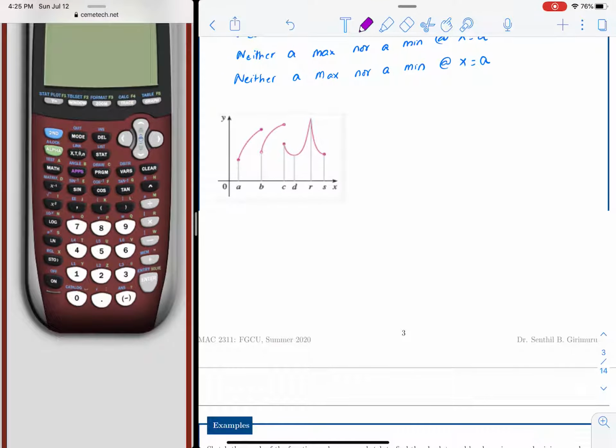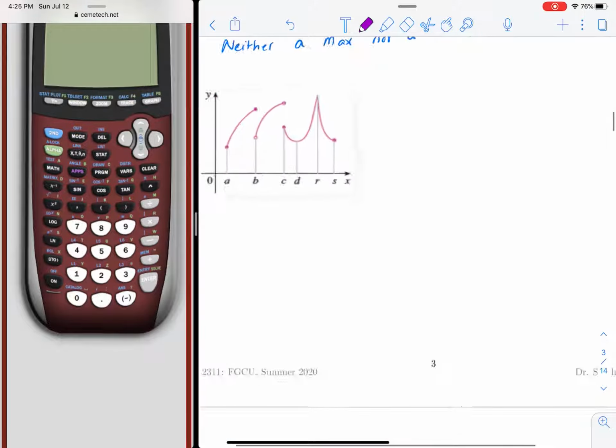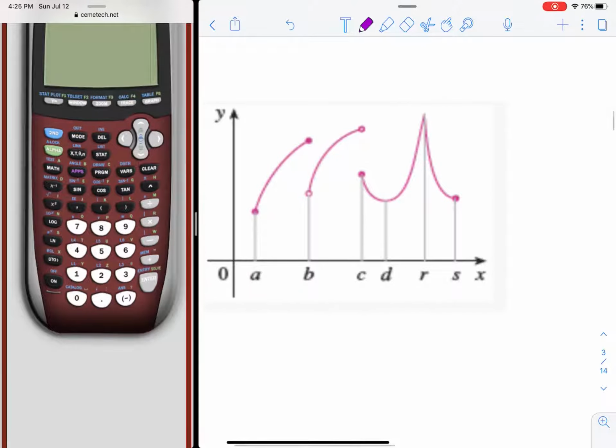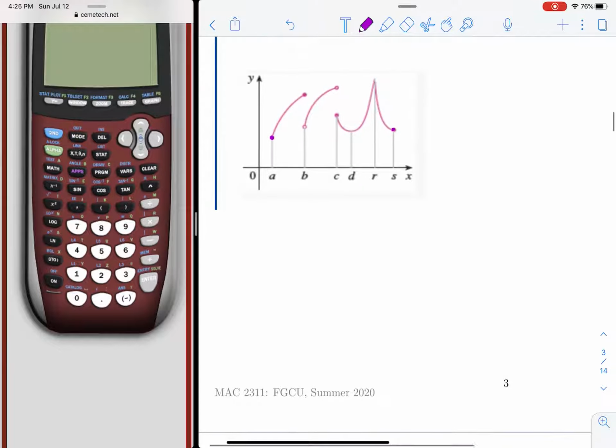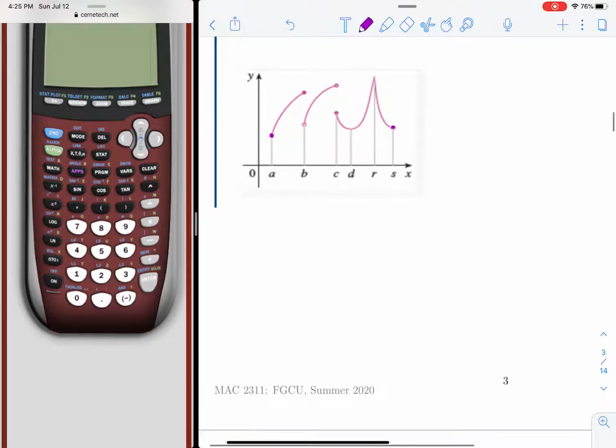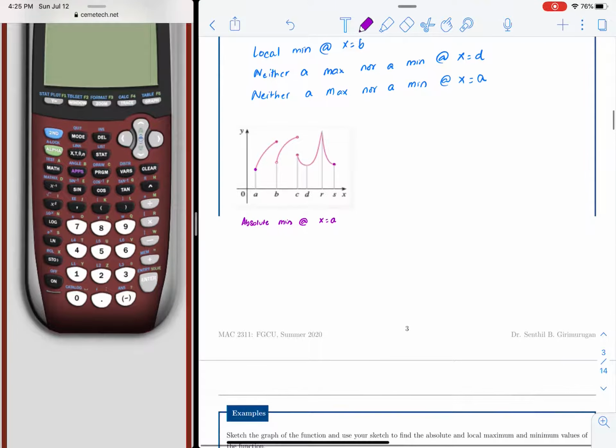Moving on to the next function, we want to find the smallest value that we can think of. Looks like that point at x is equal to A is smaller than that point at x is equal to S. So we have an absolute minimum at x is equal to A. It is smaller than every single value in the domain of the function.